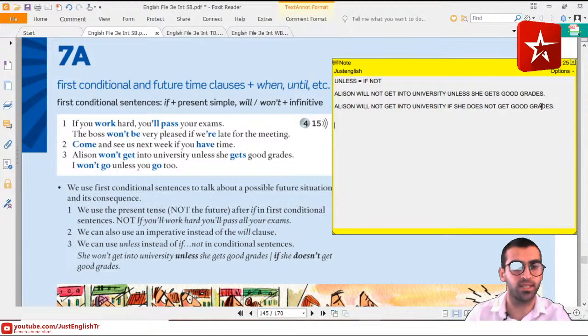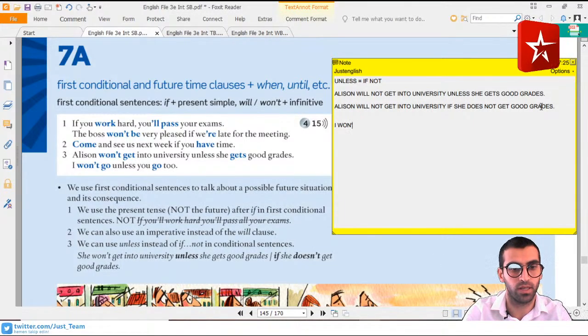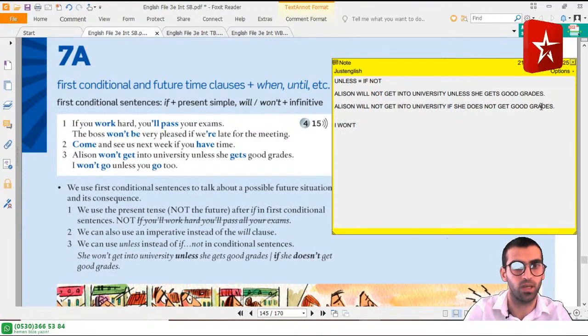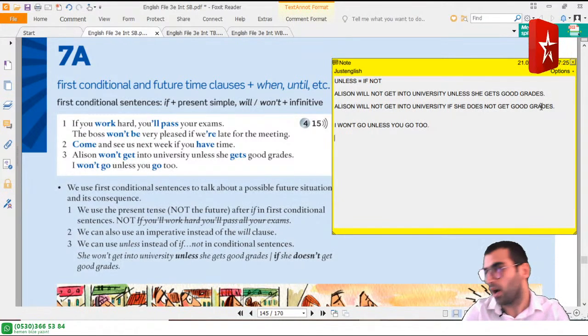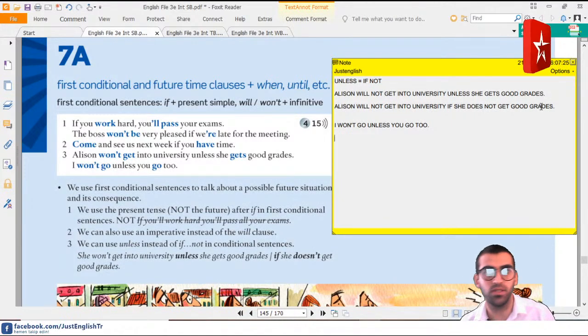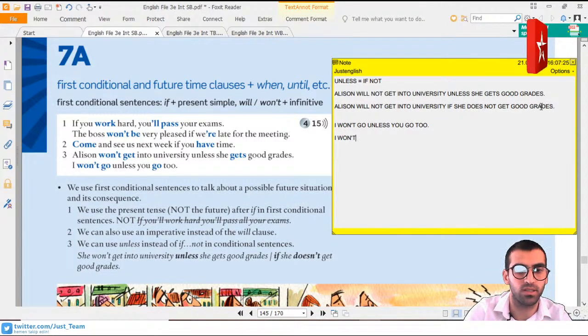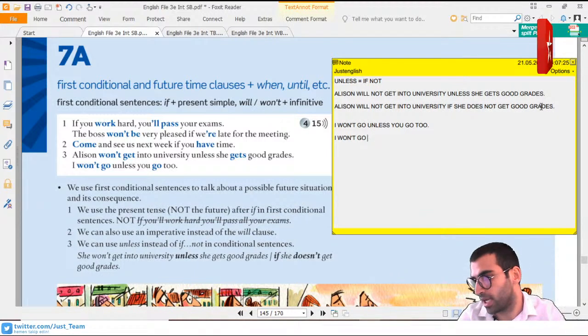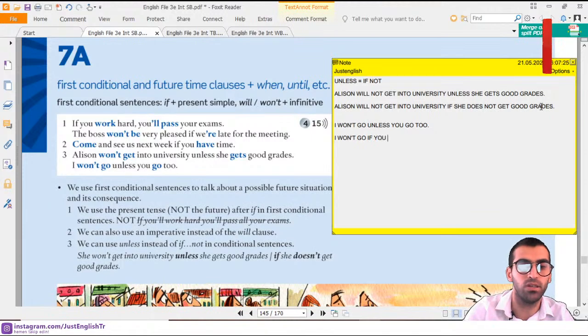Like from my screen you can see, I won't go unless you go too. So how can we change this sentence to if not? So we write, I won't go if you don't go.